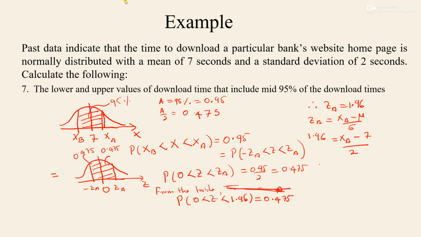So from this, XA is equal to 2 into 1.96 plus 7, that is equal to 10.92.